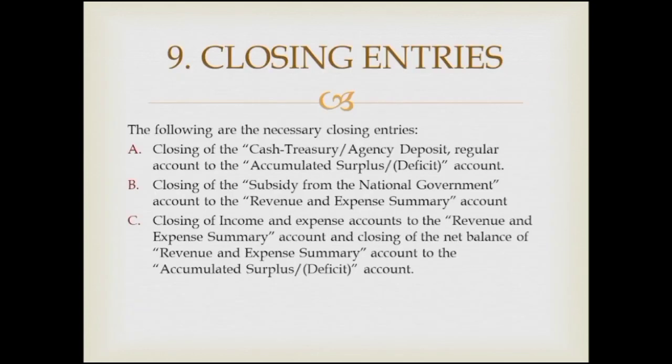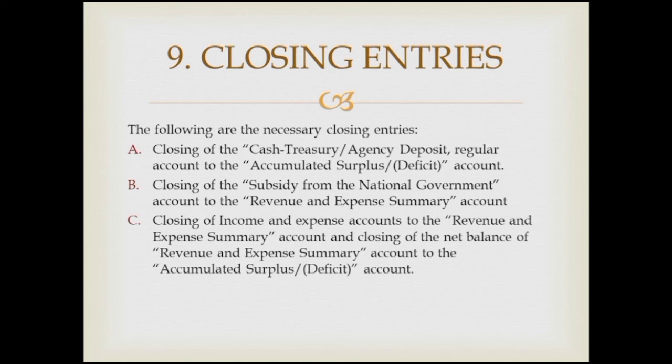The next one is the closing entries. The following are the necessary closing entries. A. The closing of the cash treasury, agency deposit, regular account to the accumulated surplus, deficit account. B. The closing of the subsidy from the national government account to the revenue and expense summary account.